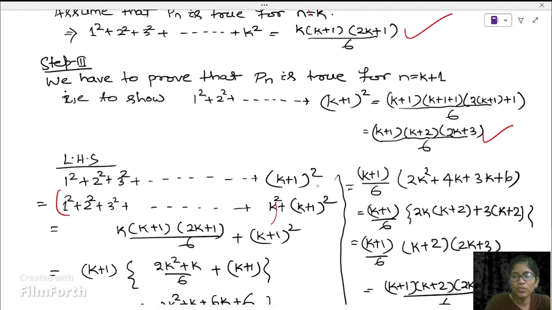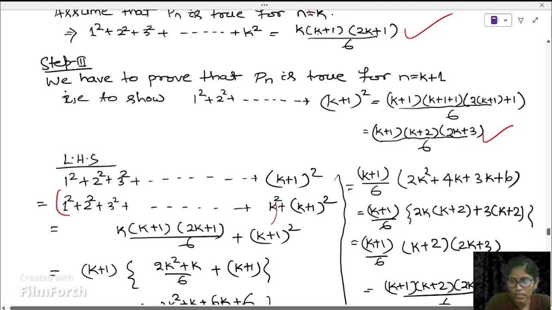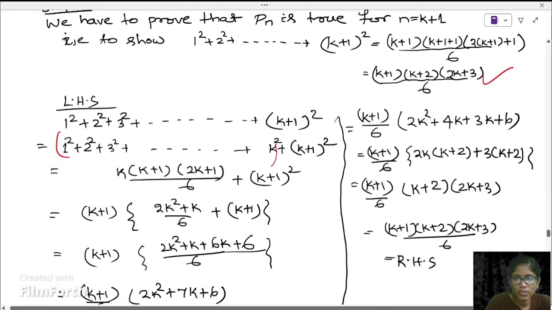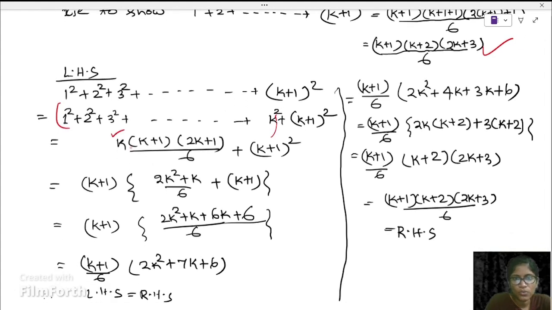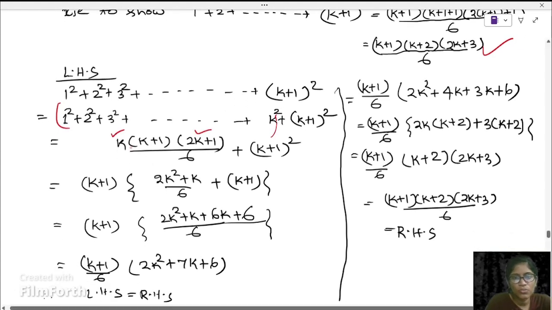Now taking k plus 1 outside as common, that means only k into 2k plus 1, which equals 2k square plus k, by 6. Now taking 6 as LCM, 2k square plus k, here will be 6 into k plus 1, which equals 6k plus 6. That equals k plus 1 by 6 into 2k square plus 7k plus 6.